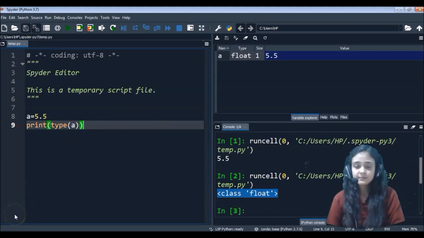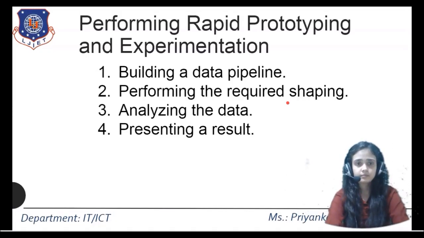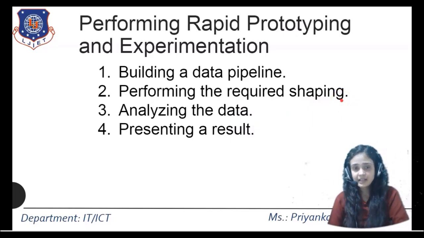Now let's see the next topic: performing rapid prototyping and experimentation. In that we have to see building a data pipeline. After building a data pipeline, we have to perform the required shaping. Required shaping means the shaping of the data set.